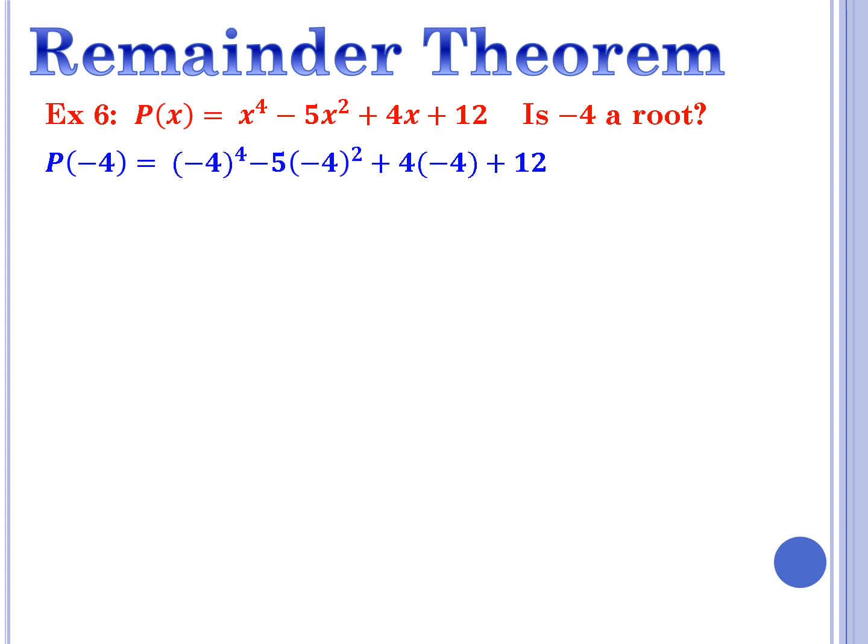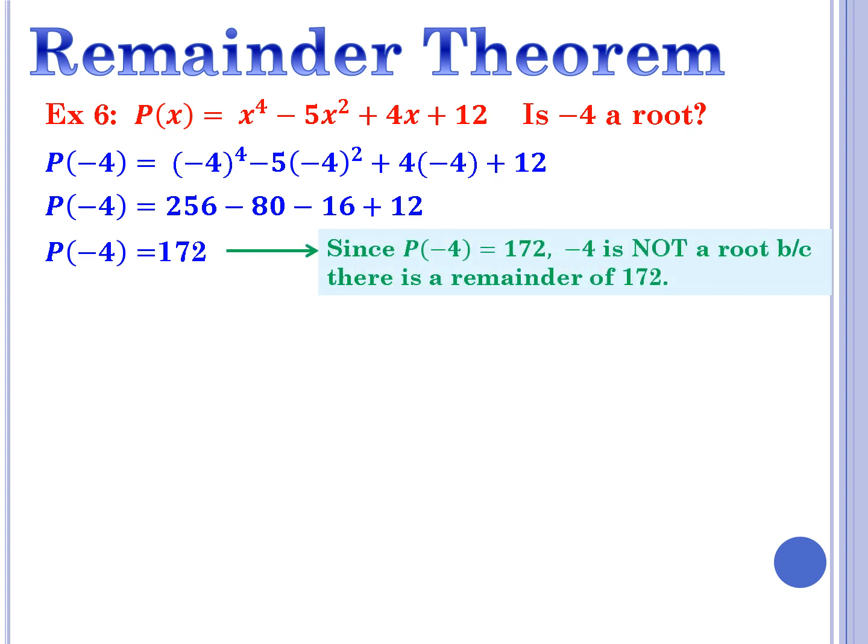So I get negative 4 to the 4th minus 5 times negative 4 squared plus 4 times negative 4 plus 12. So I clean all that up, and I get 256 minus 80 minus 16 plus 12. I add all of those together, and I get 172. So since I didn't get 0, it's not a root. Okay, I have to get 0 for it to be a root.